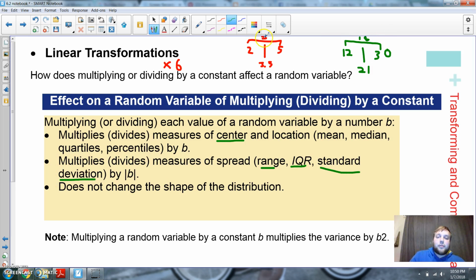Because my range went from 3 to 18. That's a multiple of 6. And my mean went up by 6. If you take 3.5 times 6, you get 21. So when you multiply all your numbers in your data set, your mean and your standard deviation will go up by whatever you're being multiplied by. Pretty sweet, eh? So let's introduce you to the story problem.